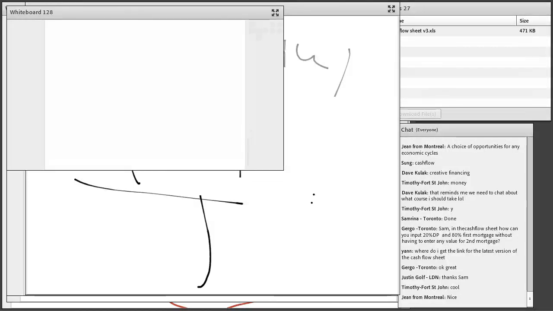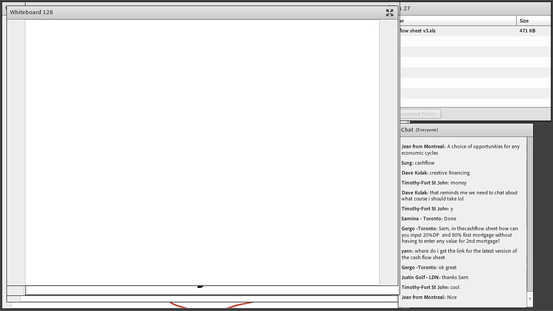So the new sheet is going to have all the numbers, and also going to have some additions. So let's do this again. We're going to have purchase price. We're going to have our price, so investor price, call it.